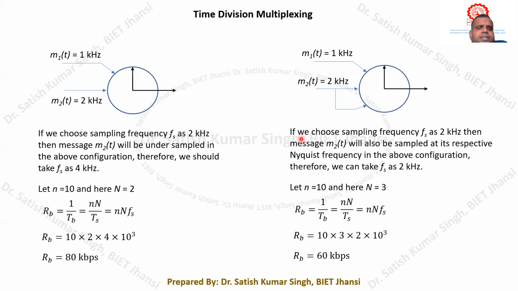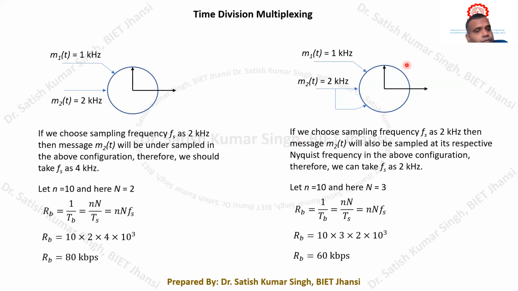There may be a large number of signals given, and they may have the same sampling frequency, the same maximum frequency component, or different maximum frequency components. And at that time, based on the statement, if it is asking you to realize a TDM system in which each message signal is sampled at its respective Nyquist frequency, then you have to go for this particular configuration.